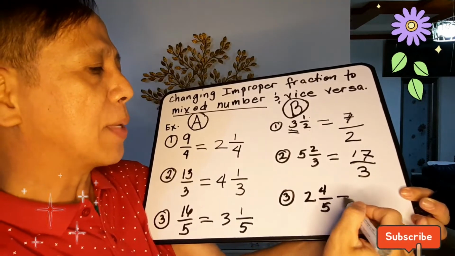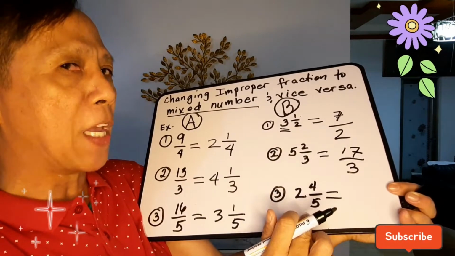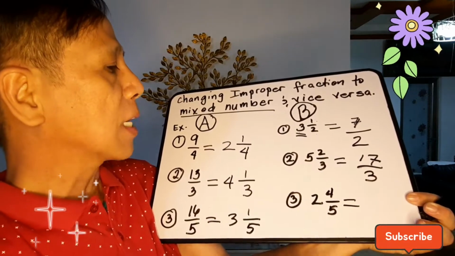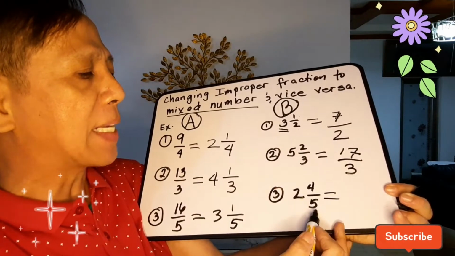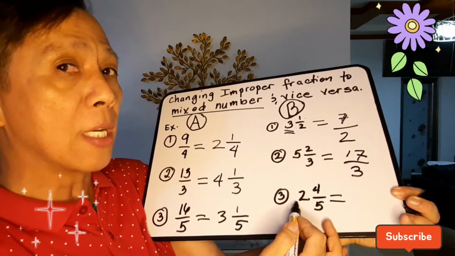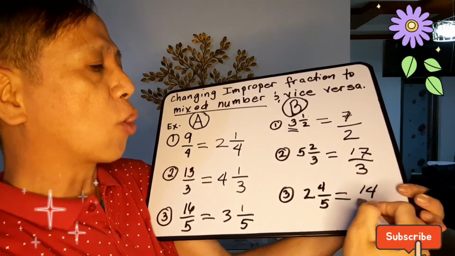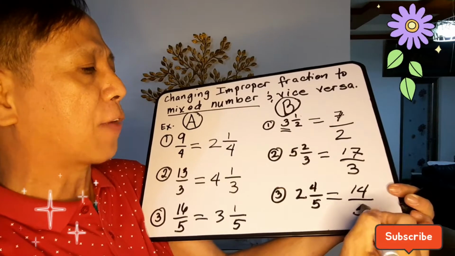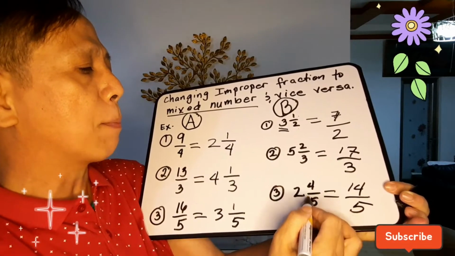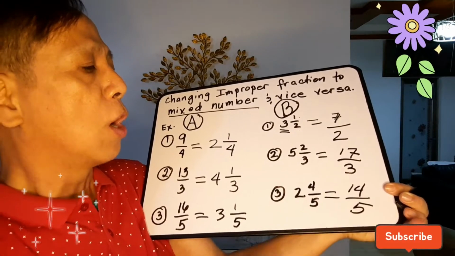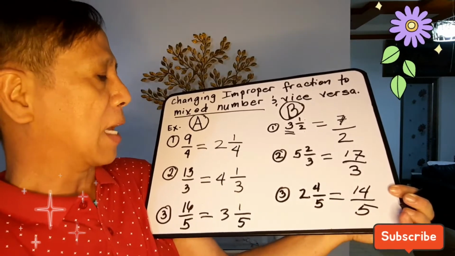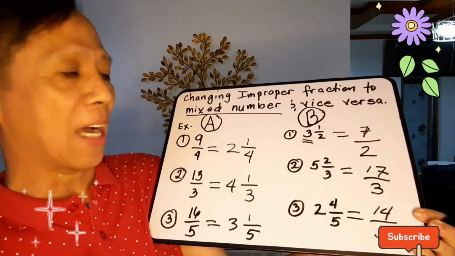Last example, number 3, 2 and 4/5 change to improper fraction. Multiply natin. 5 times 2 is 10 plus 4 is 14, kopyahin ang denominator na 5. Therefore, 2 and 4/5 is equal to 14 over 5. Check natin dito yung kanina.